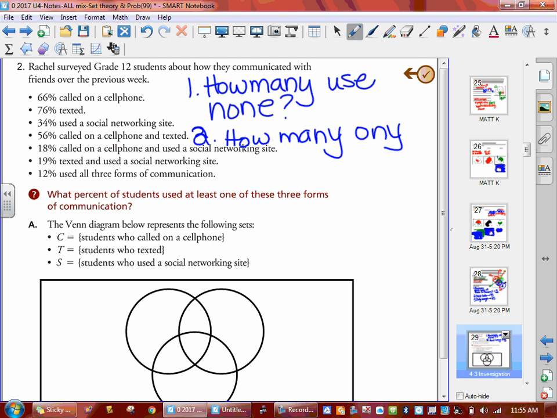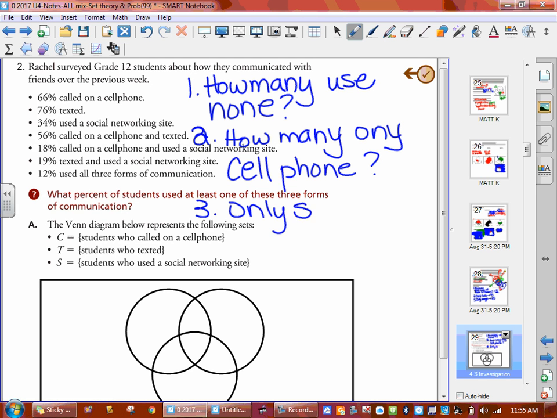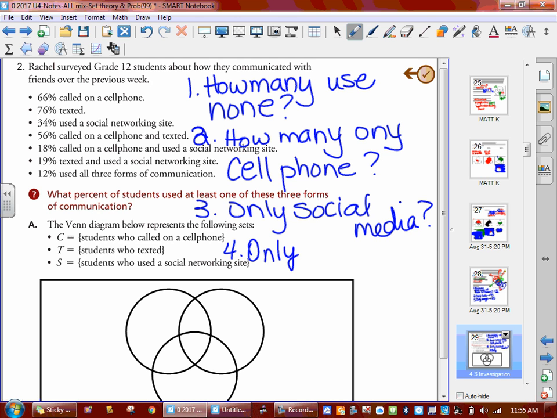Number 3, only social media. And number 4, only texting. So these are the 4 questions we are going to solve after we have outlined everything in our Venn diagram. So I'll give you a moment to write those questions down.